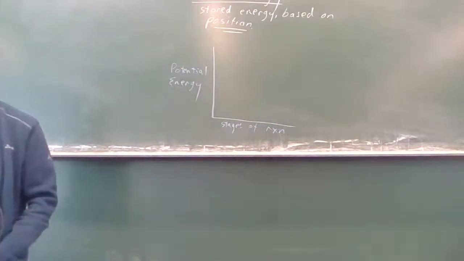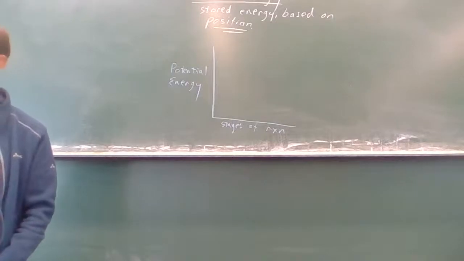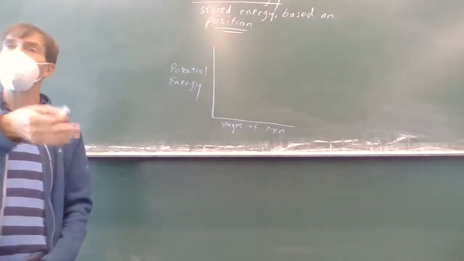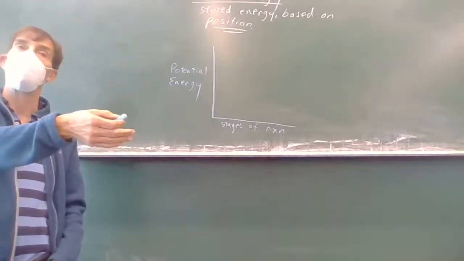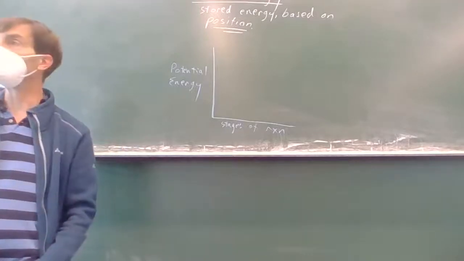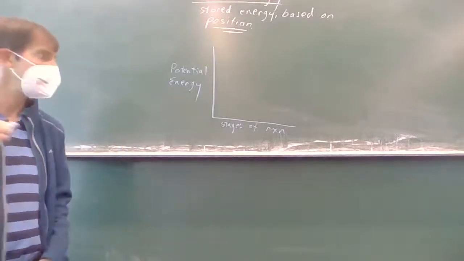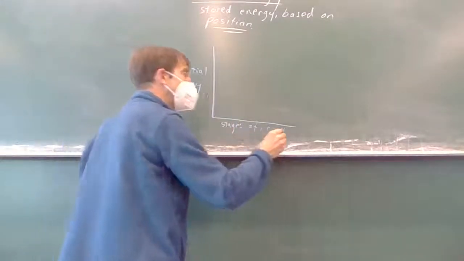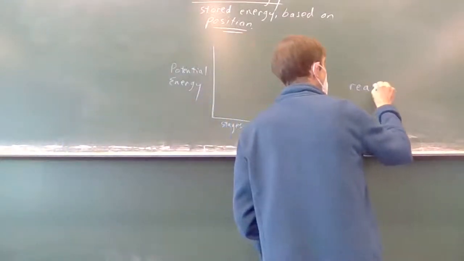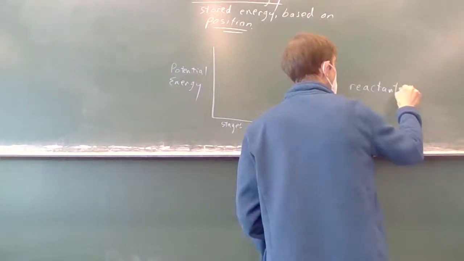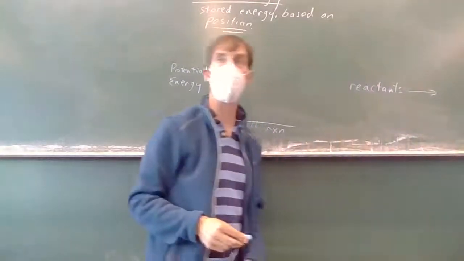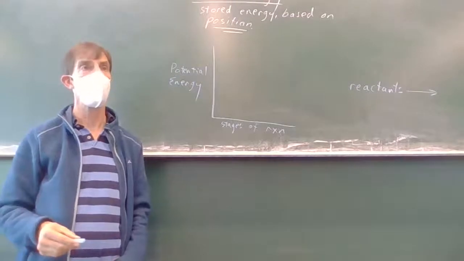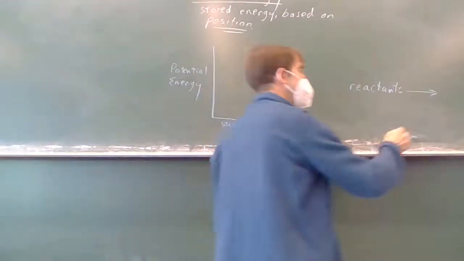And by stages, I mean like the reactants. The things we start with are the reactants. And if they react, which you'll do a lot of next year, Stephanie? The products.